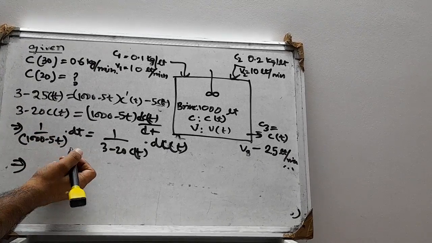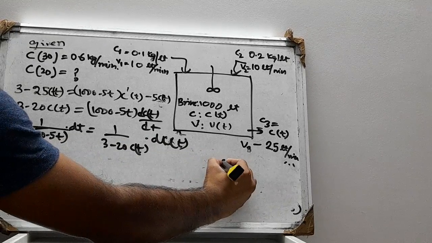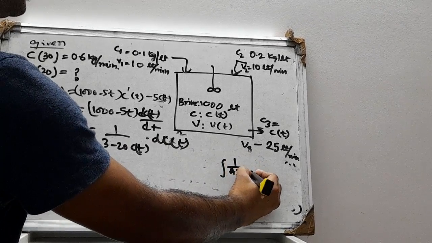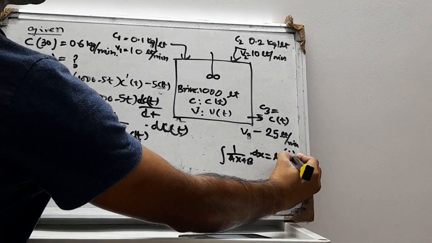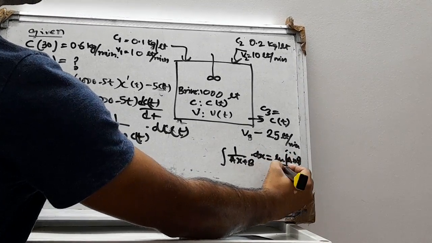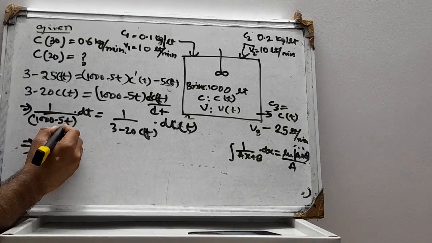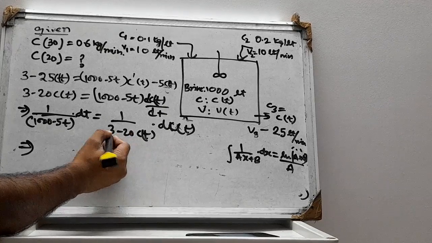Since this is a linear form and it is in the denominator, the formula used will be for ln x, that is the integral of 1 over ax plus b dx is equal to ln of mod of ax plus b divided by a. So here a is minus 5 and b is 1000. Here a is minus 20 and b is 3.